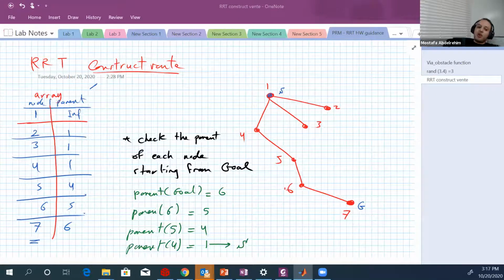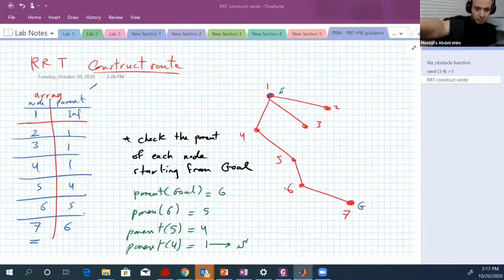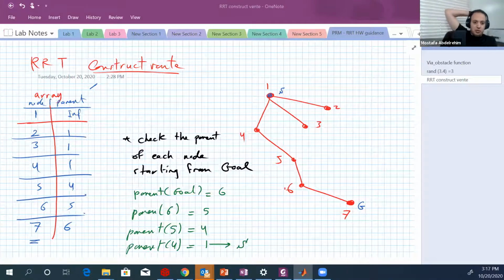In RRT, the start and the goal nodes are part of the inputs. Whenever we check that the new node is close enough, within some distance, to the goal, we try to connect the goal to the last random node that we generated, and it will be the parent of the goal.